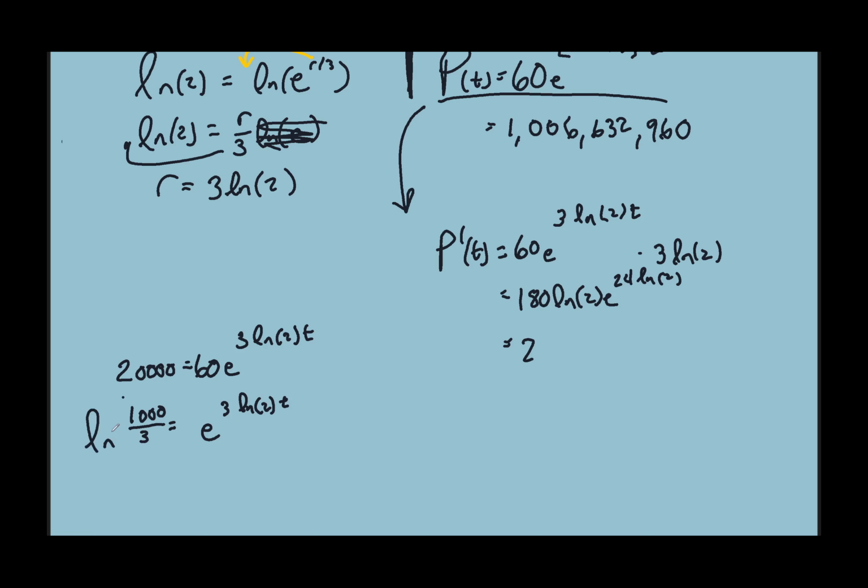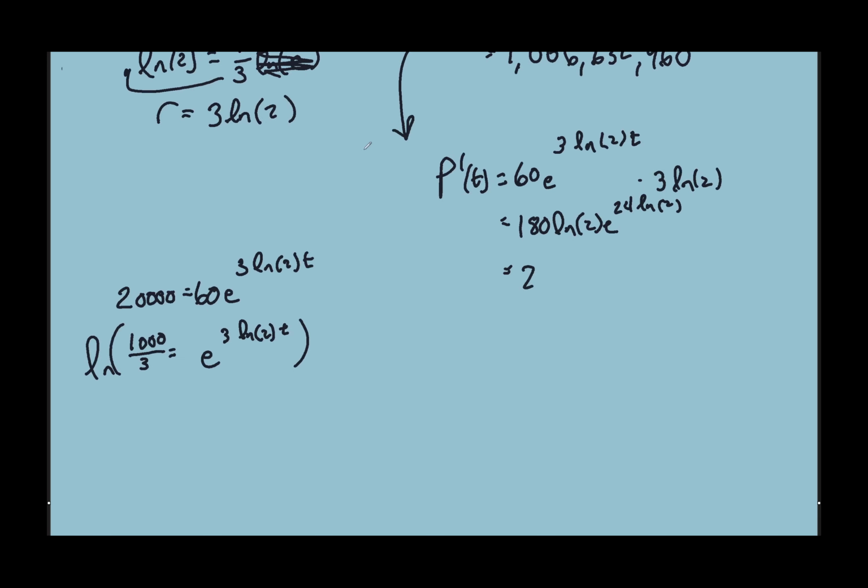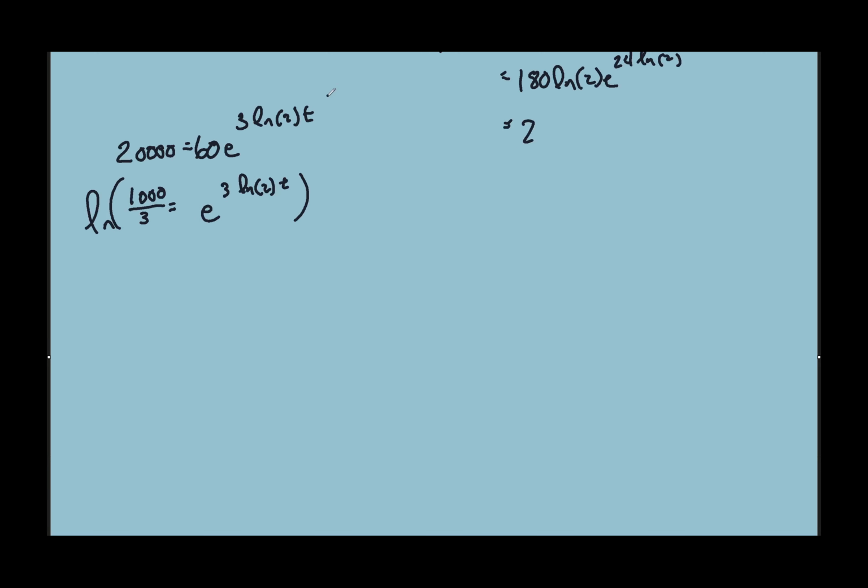Natural log both sides, right? Because it's in the exponent. We've already talked about that. And you've done it a bunch of times, so we'll say ln of 1,000 over 3 equals, and remember we're going to bring the exponent out, so we'll call it 3 ln of 2 t ln of e, and we'll cross out the ln of e.